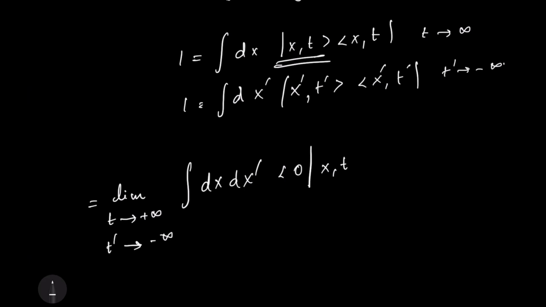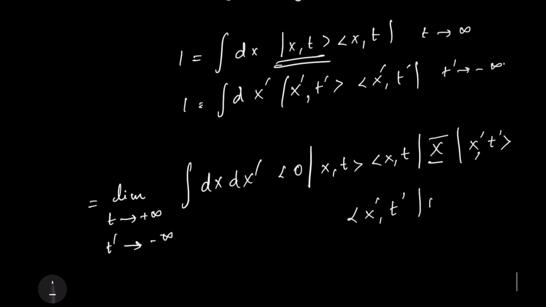X of t, x comma t, then the time ordering, or I mean all the operators will be there, then x prime t prime, x prime comma t prime, x prime, then the vacuum.